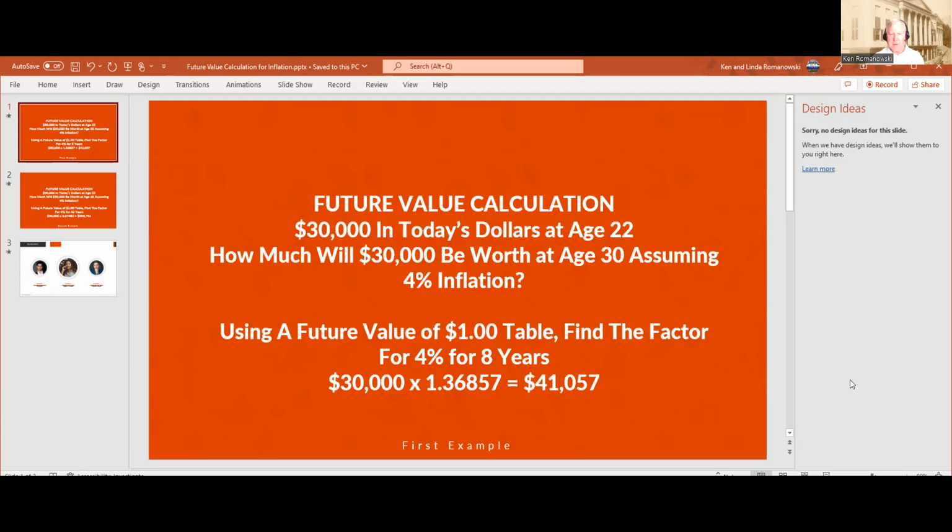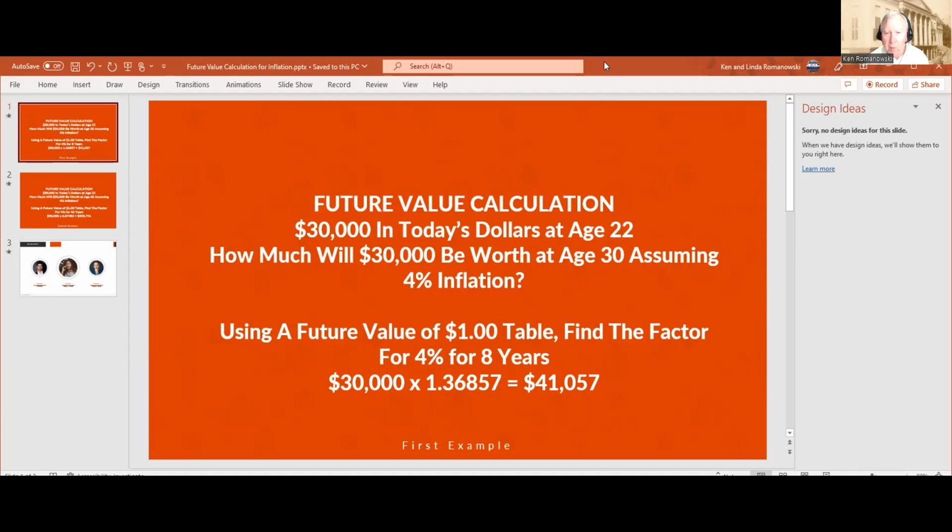But in our case right now, just to show you how this works, we're going to be using $30,000 in today's dollars, and we are now at age 22. So how much will that $30,000 be worth at age 30, assuming a 4% inflation rate?